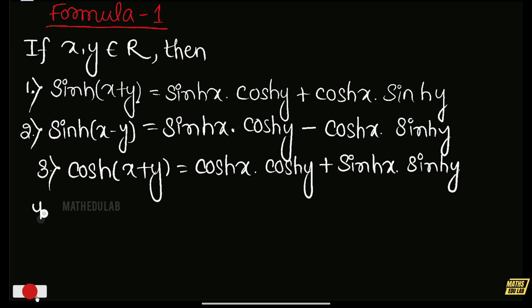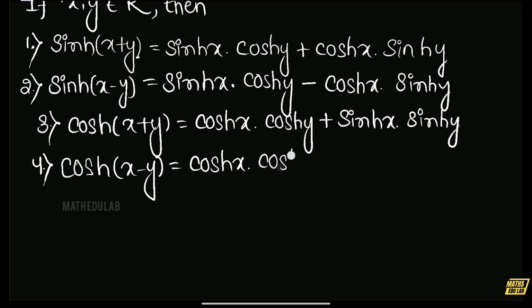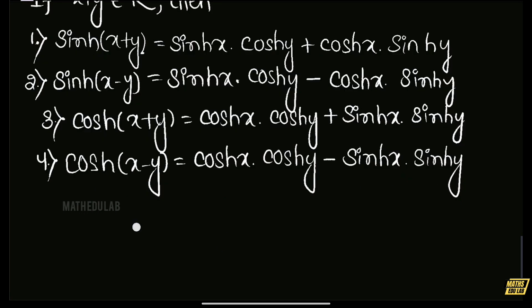And the last formula is cos hyperbolic of x minus y, which is equal to cos hyperbolic x into cos hyperbolic y minus sine hyperbolic x into sine hyperbolic y. So we will derive these formulas here.